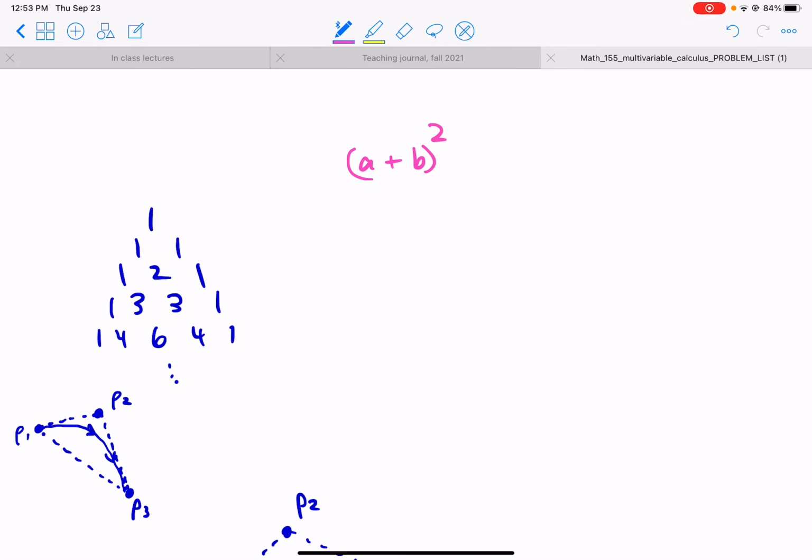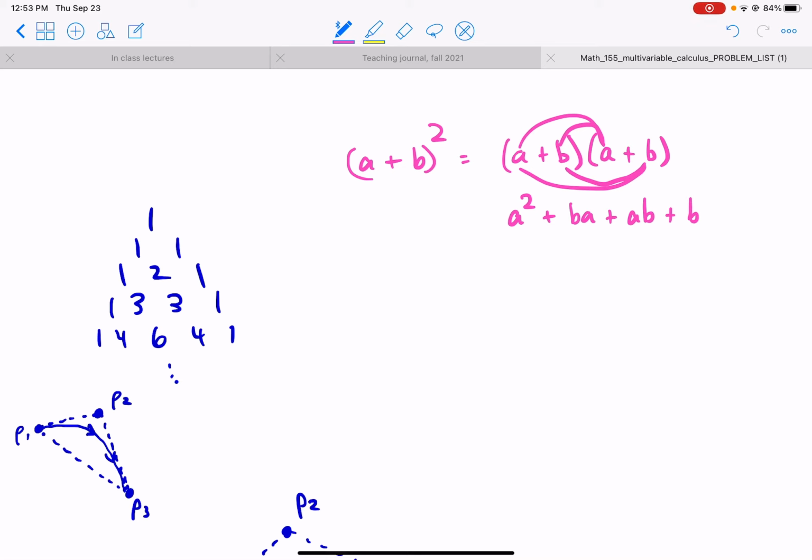Okay, let's think about that. (a plus b) squared is (a plus b) times (a plus b), which means I get an a squared, I get a ba, I get an ab, and I get a b squared. And so this is a squared plus 2ab plus b squared. And the coefficients there are the 1, 2, 1 from Pascal's triangle.